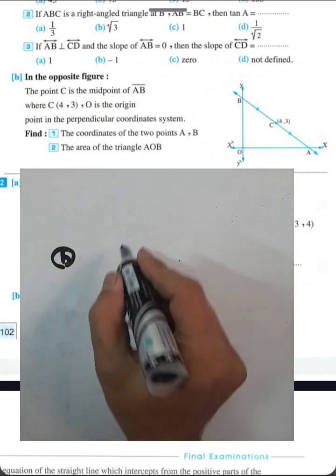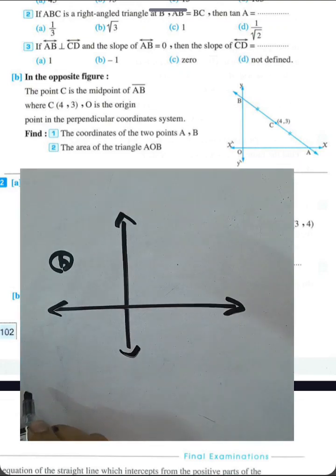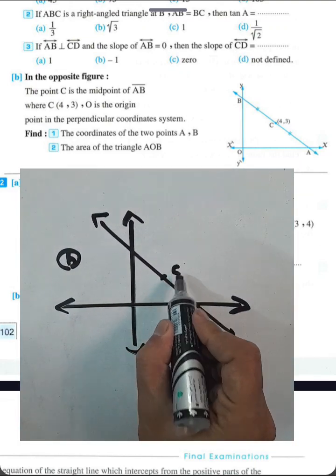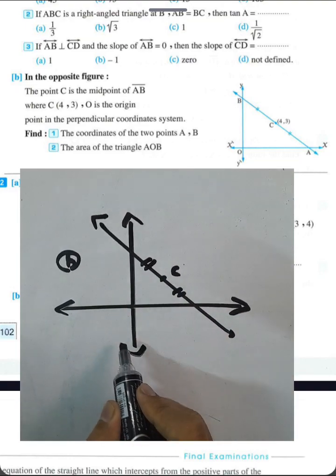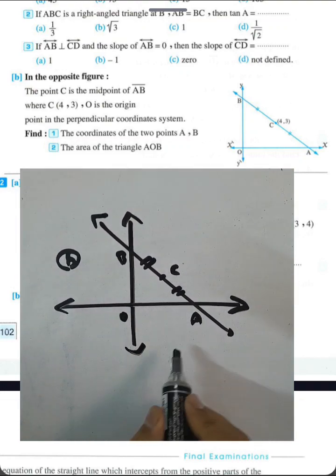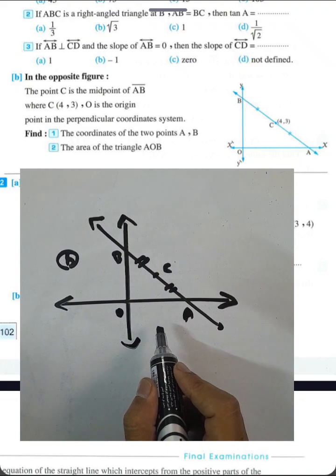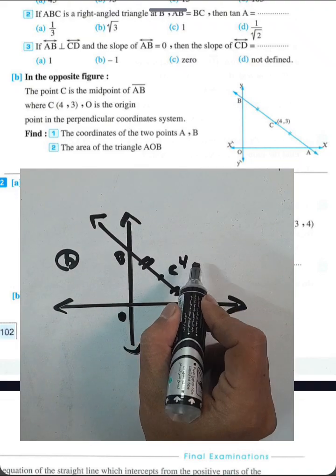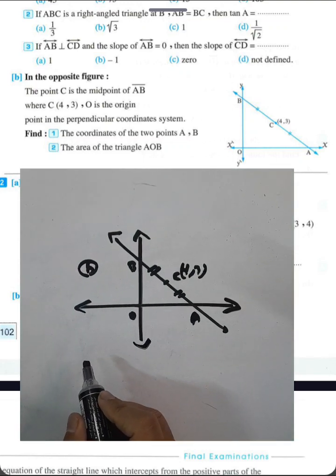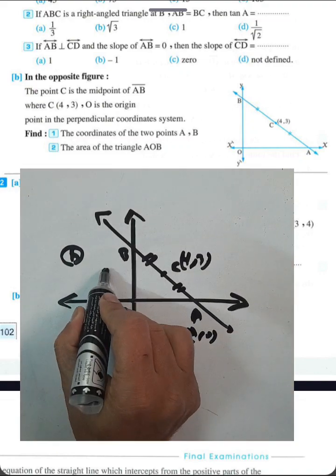We have the point lying in the middle, on a straight line. The coordinates of C are 4 and 3. We want to find the coordinates of A and B. We can put this point as A and 0, and this point as 0 and B.